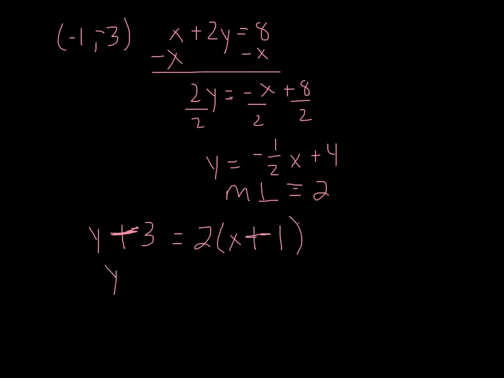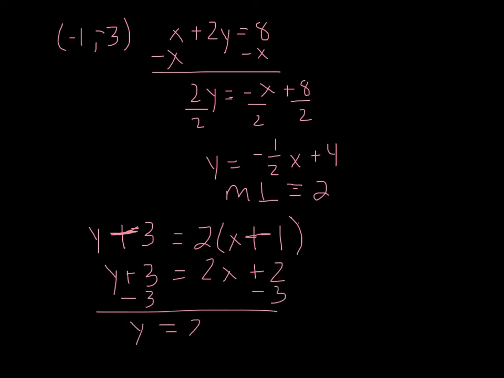Distribute: y plus 3 equals 2x plus 2. Minus 3 on both sides. y equals 2x minus 1. And there you go. That was a lot of work there.